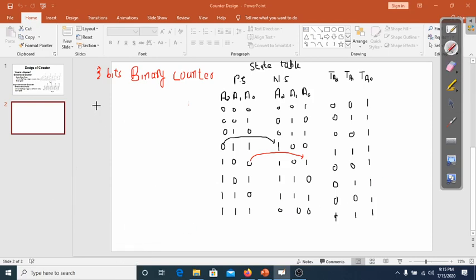Now let me use the Karnaugh map method to reduce the state table. First, let me find the expression for the input TA naught. This is TA naught.